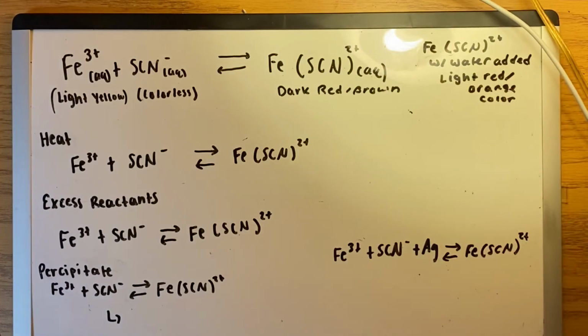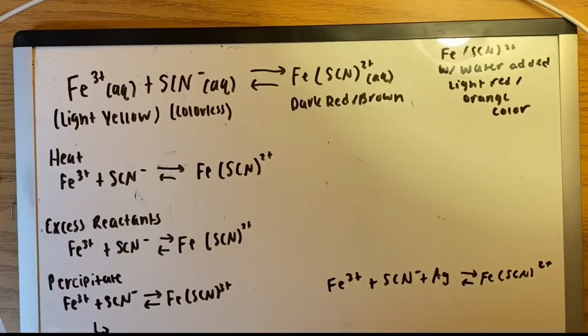Because it was so dark, H2O was added to dilute the solution to make it more visible, and this solution was considered the equilibrium solution. The first stress that was added was heat. When heat was added, the dark red color of the equilibrium mixture changed to a lighter color.